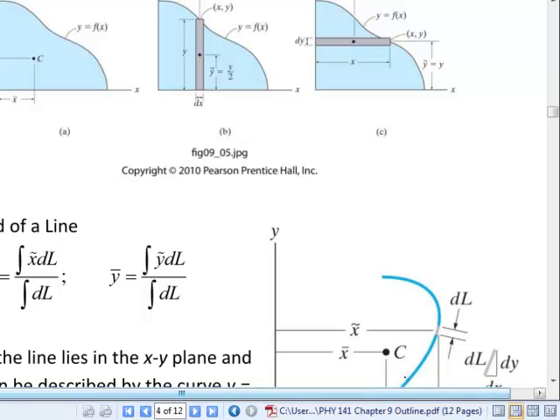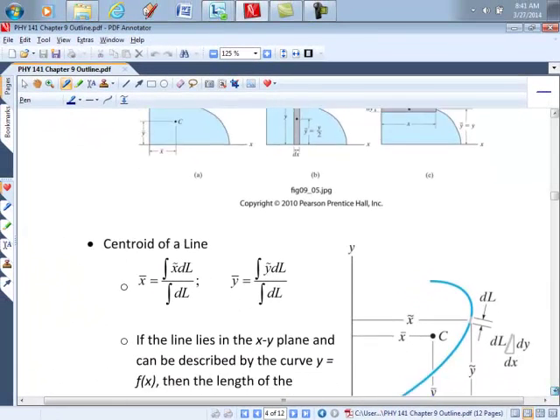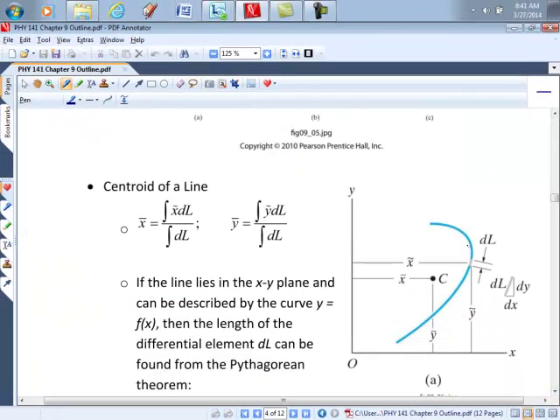So if we want to find the centroid of this line to figure out where its weight is acting, then we would integrate with respect to the length along the line. So x bar would be, so we're integrating along this length here, and each differential part of the length is going to have an x tilde and a y tilde.